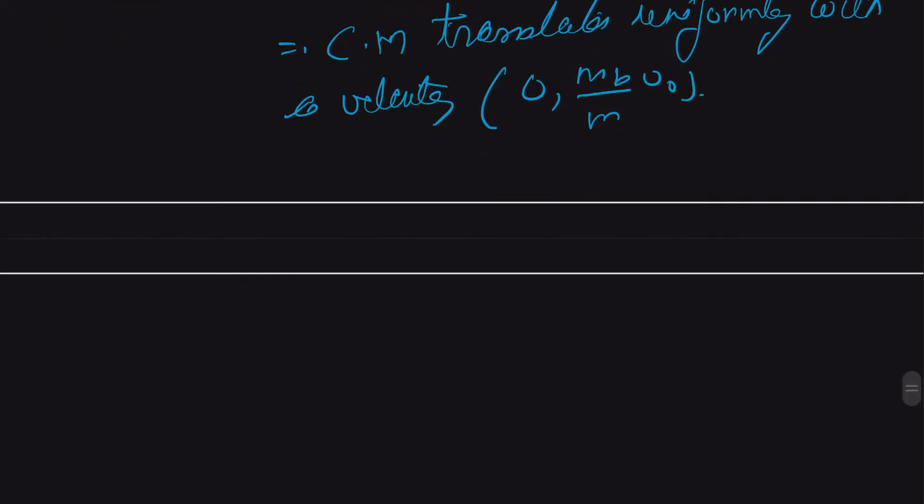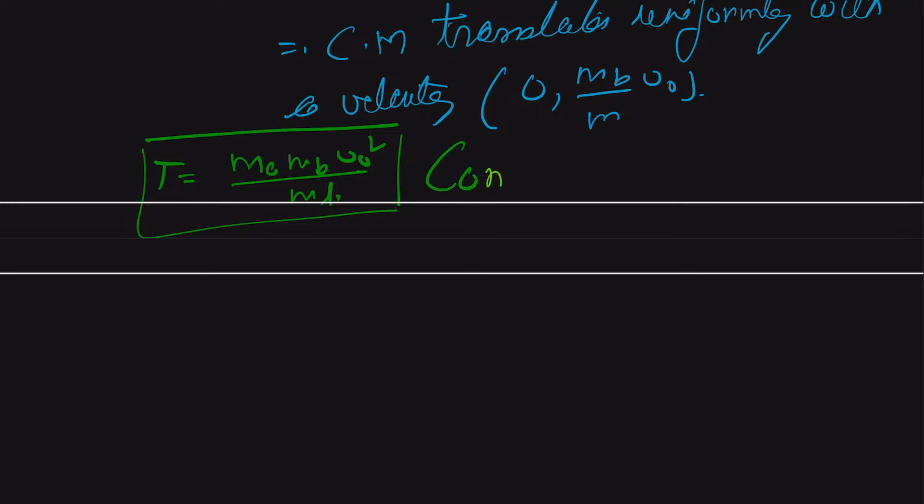And tension we just calculated: T is Ma Mb V naught square divided by M times L, and this will be always constant throughout the motion.